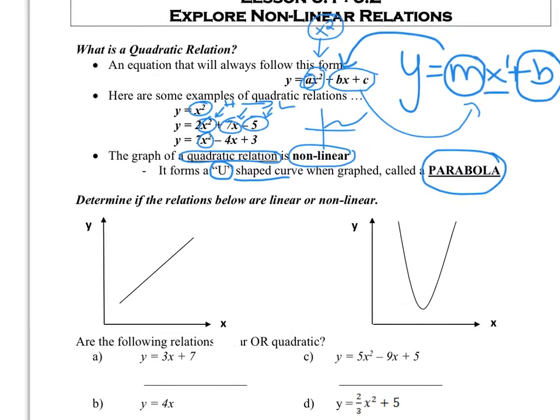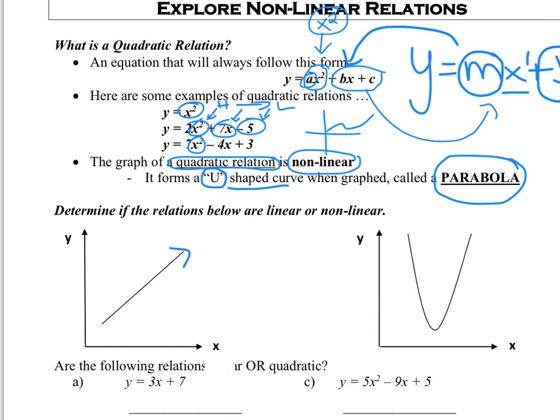Looking at these two graphs below, we can see the straight line that we're used to, which is y equals mx plus b. This line we would call a linear function. And now we're going to introduce a nonlinear function, but it's got a special name for us, and it's called a quadratic.